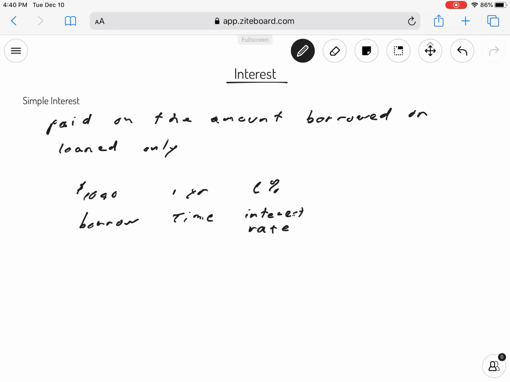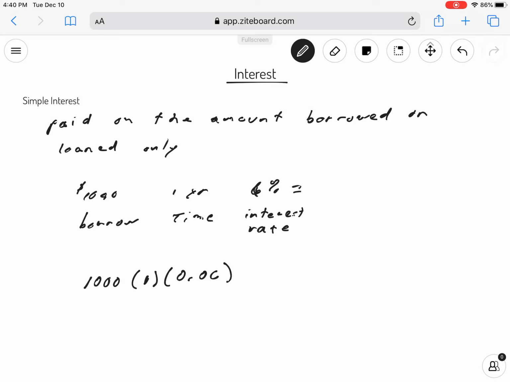Okay, so we can figure our interest, the amount of interest, by taking our $1,000 and we multiply that by the time, and then we multiply that by the percent, the rate, as a decimal.